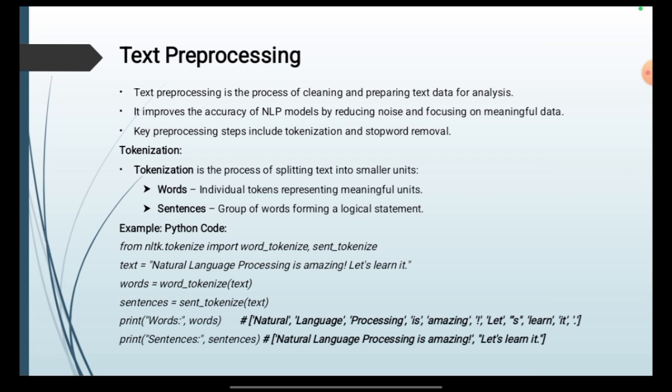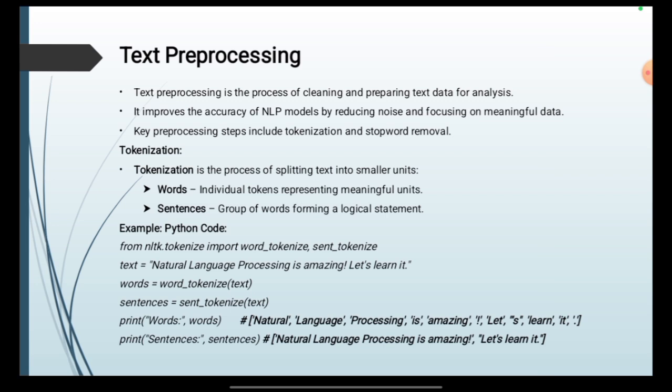The sample text "Natural language processing is amazing! Let's learn it." is tokenized into words like natural, language, processing, is, amazing, exclamation, Let, us, learn, it, full stop, and into sentences like "Natural language processing is amazing!" and "Let's learn it." So this can be said as per the details mentioned over here.